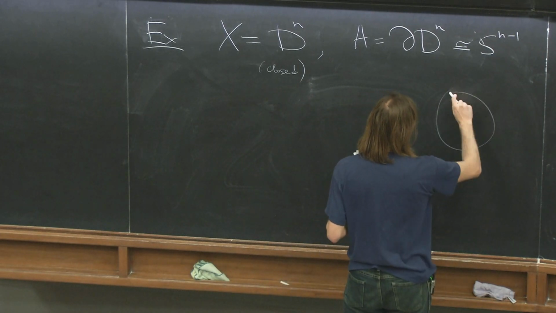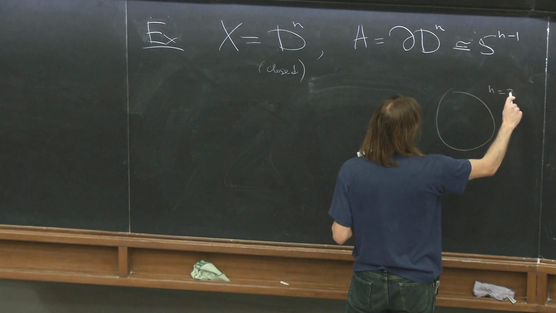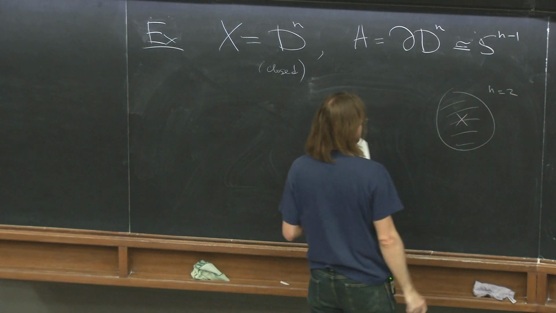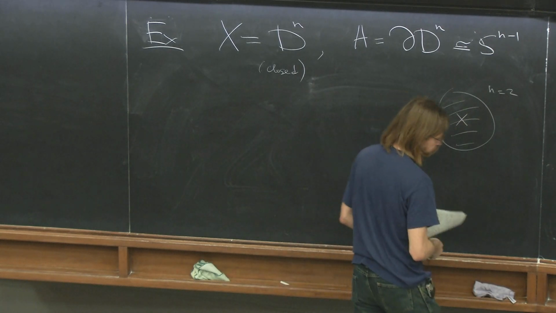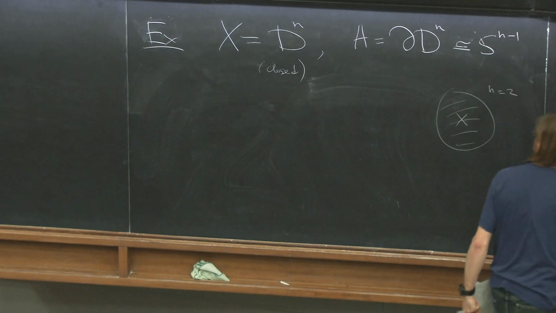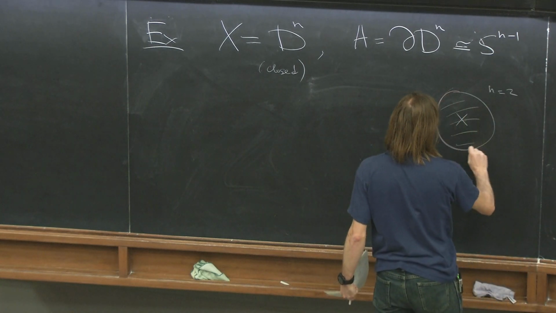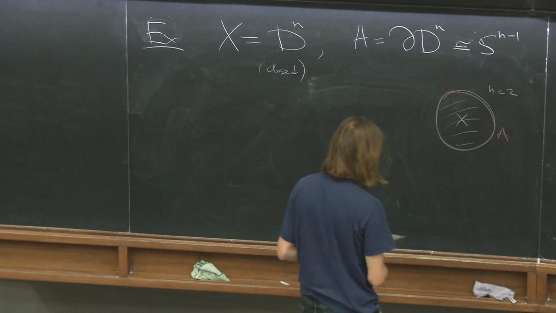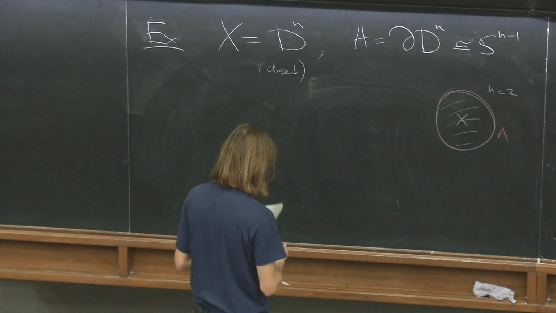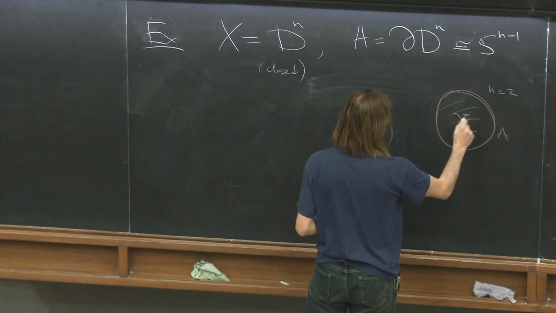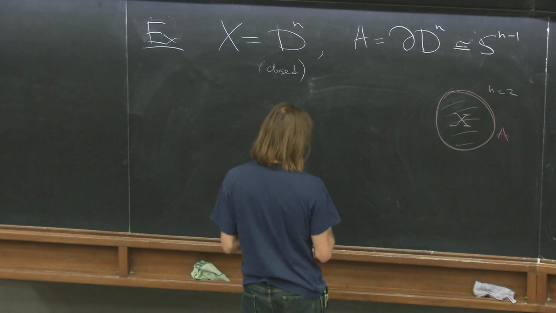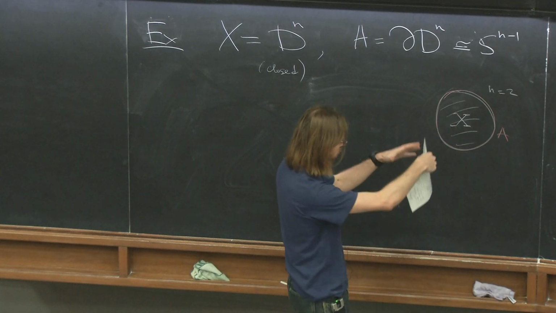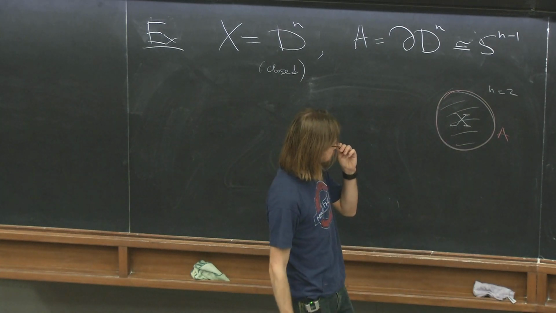For example, if n equals 2, this is your X, and A is the boundary. In dimension 3, you have a ball, and the boundary is a 2-sphere, and so on.